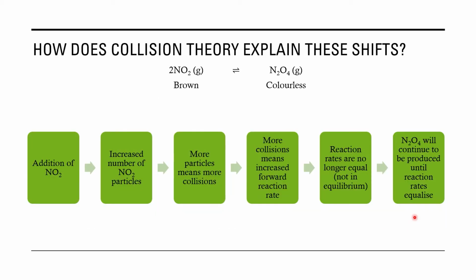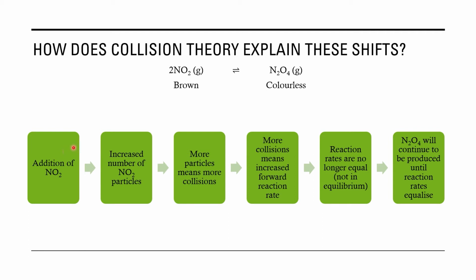But let's now start thinking about how collision theory can be used to explain the shifts that we have been talking about when looking at Le Chatelier's principle. Again, I'm going to use my really common example, the equilibrium between nitrogen dioxide and dinitrogen tetroxide. In this example, what we're going to have is an addition of nitrogen dioxide to the system.